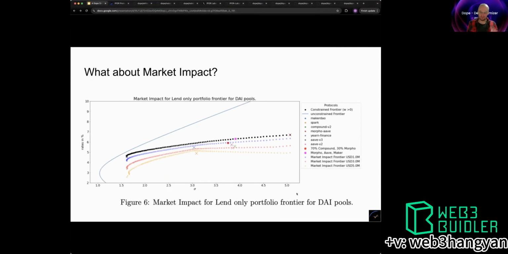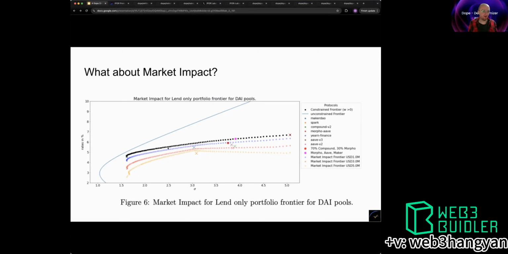What's more important right now for that model is this image. Now we have three models in the same image. We have the no constraints, which is just impossible because we cannot borrow. We have the lending only, which makes sense if you have a very low market impact, like maybe you are depositing $10,000 into billions of TVL on different pools.